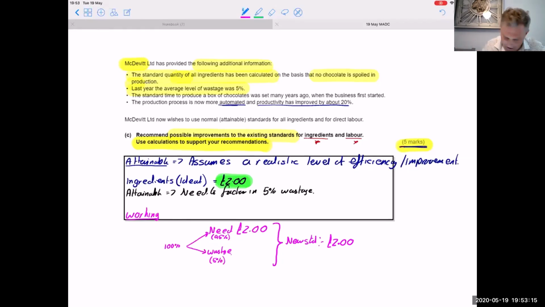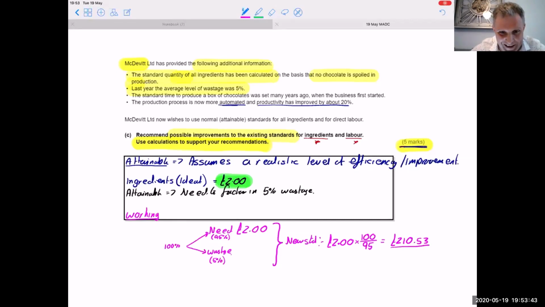To work out the actual new cost, I need to buy 100%, and £2 is actually 95% of the material that I need. So I need to buy a little bit extra. If I do that maths, that gives me a cost of £2.10. I think it's 53p.